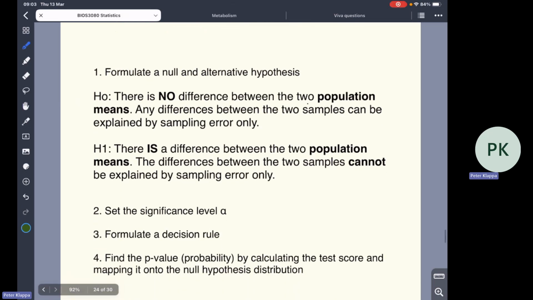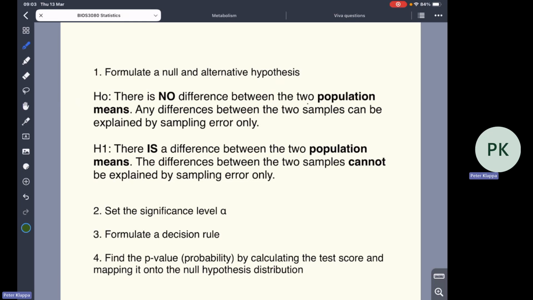Step two, we set the significance level. That is the level at which we are willing to make a type 1 error. I explained in the last session what a type 1 error is: the bouncer rejects something they should not have rejected. We then formulate decision rules.